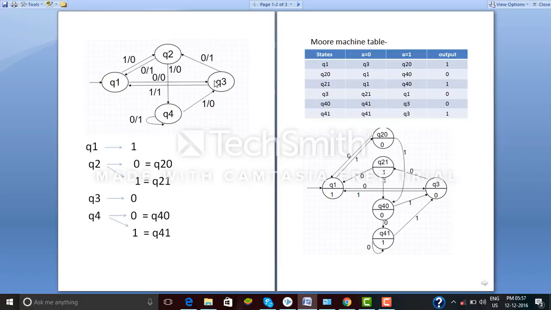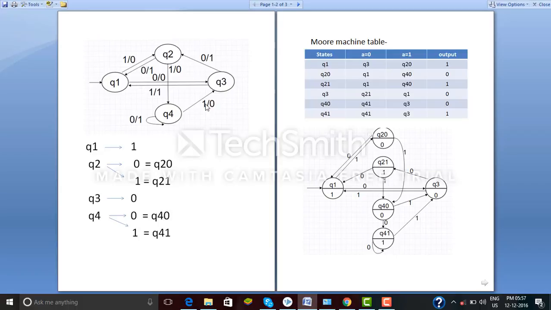Now the Q3 state, by giving input 0, goes towards the Q2 state with output 1. That's why we write Q2 1, not Q2 0. And by giving input 1, it goes towards the Q1 state. That's why we write here the Q1 state.